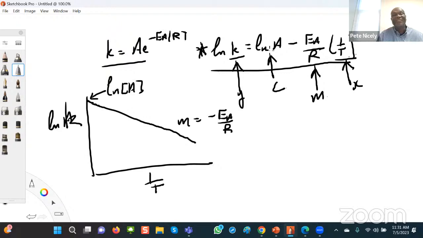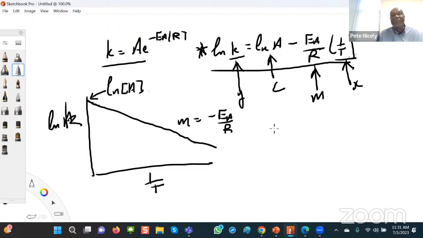So this is basically useful if you're doing an experiment where you're getting different data values for K and T, right? And you can use it to determine the activation energy of the reaction.